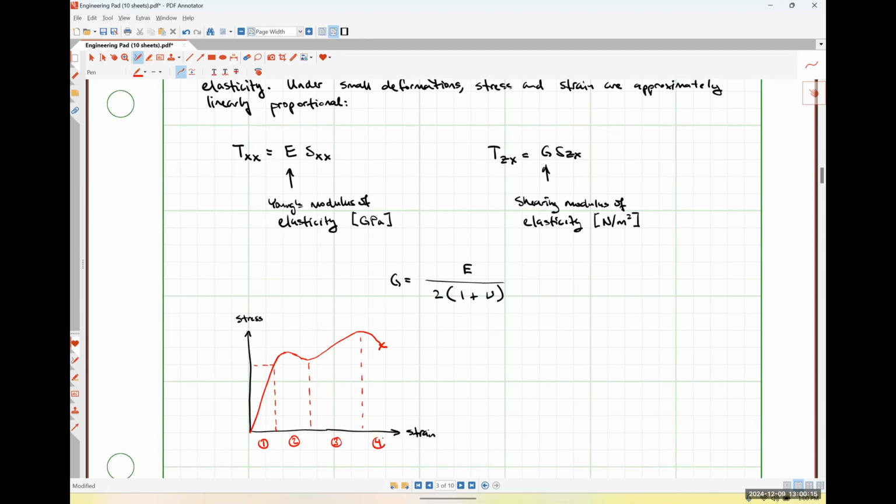And over here will be region 4. This point right here is what's known as the proportional limit. And then this height right here is what's known as the yield stress.